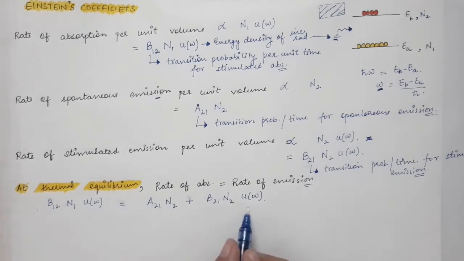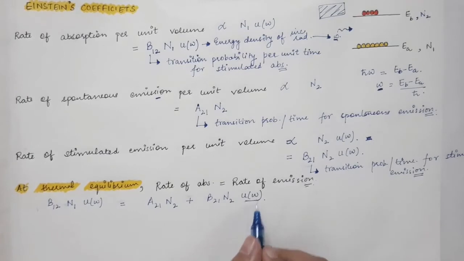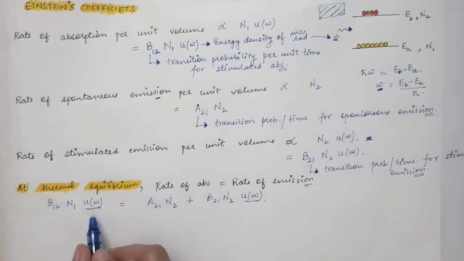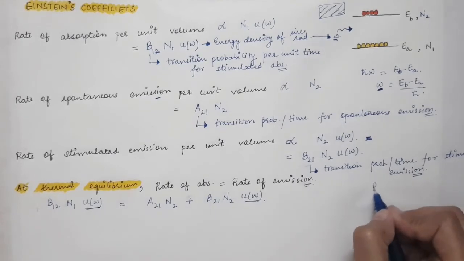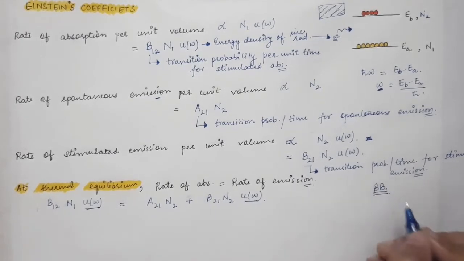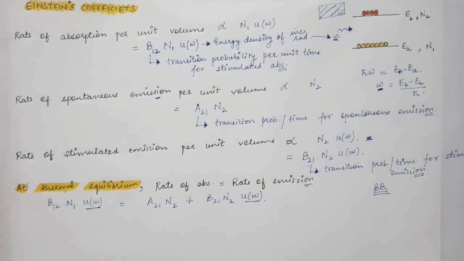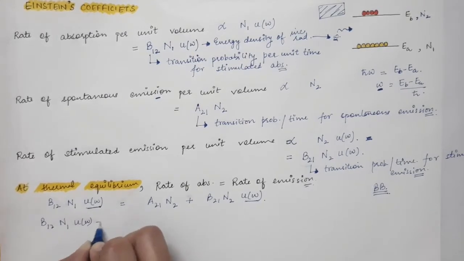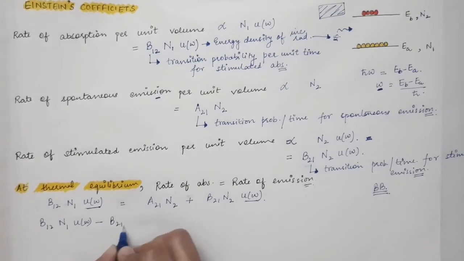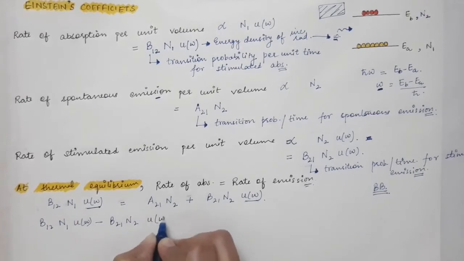Now from this equation we will take out the factor U of omega on one side. This U of omega is the energy density, and in the case of black body radiation you have also seen the equation of the energy density. So in this case also we are going to take this energy density factor on one side. From here you will get B12 N1 U of omega minus B21 N2 U of omega equal to A21 N2.